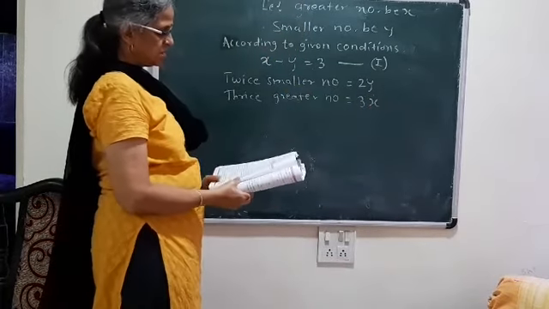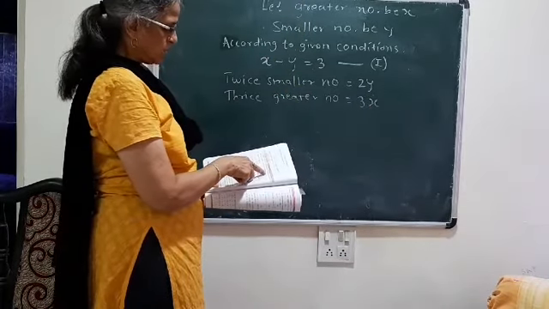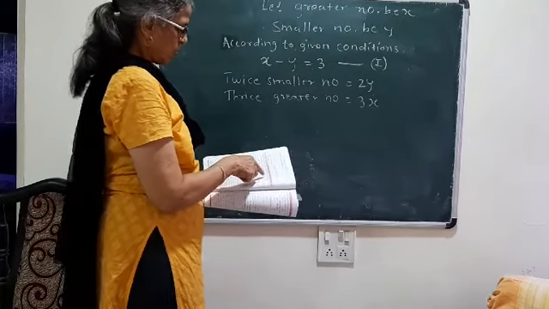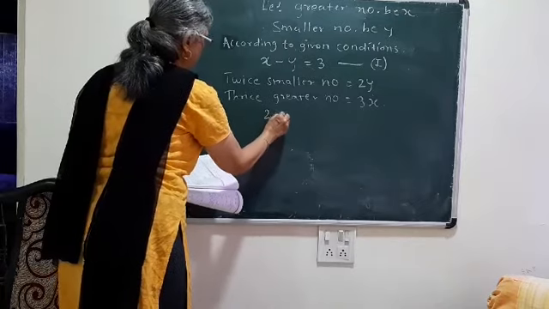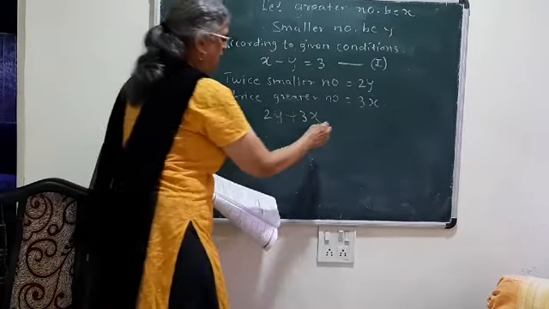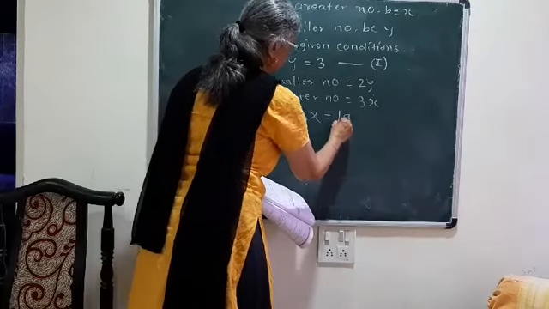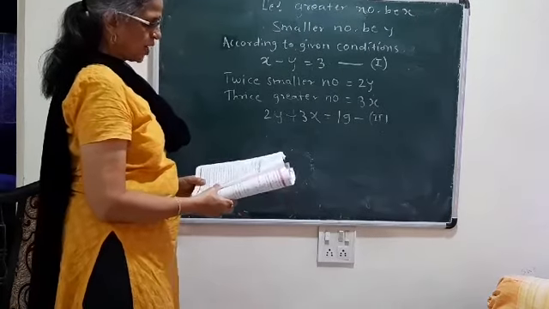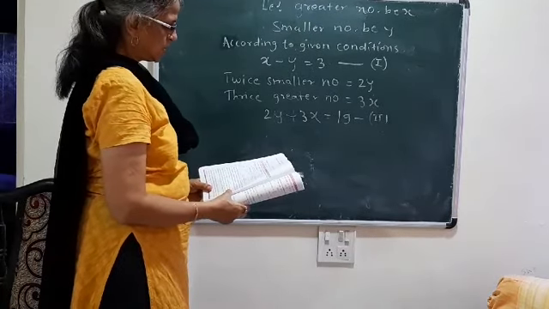Again I will read the sentence. The sum of twice the smaller number, sum means addition, that is 2y plus 3x is equal to 19. Followed? The sum of twice the smaller number and thrice the greater number is 19.